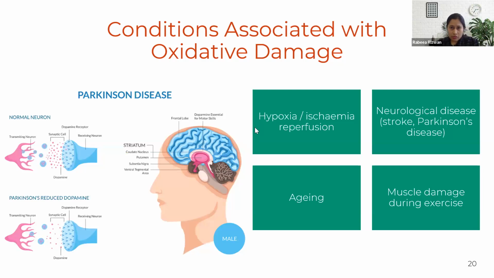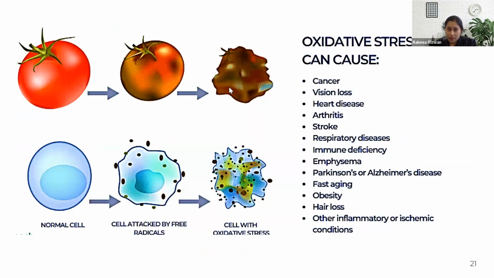Other associations with oxidative damage are cancer, hypoxia, respiratory problems, and some neurological problems like Parkinson's and stroke. Aging will be quicker and worse, and there is muscle damage during exercise. Here, this tomato is the example. When it is exposed to the sun, what happens? It becomes rotten, then more rotten and shrinks.